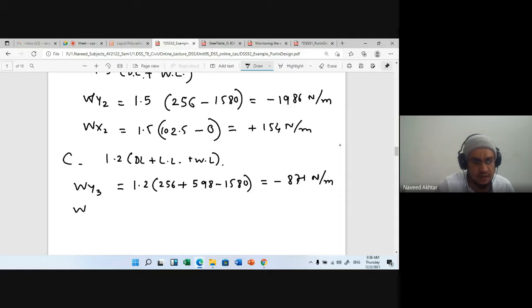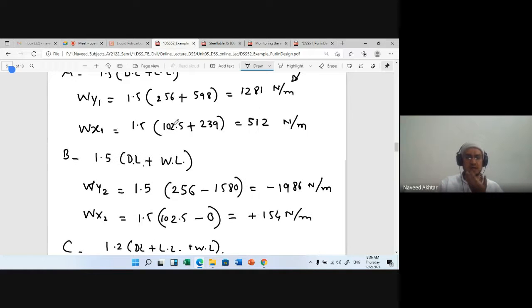Similarly, the x component of combination C, 1.2 times of this is 102.5 plus 239 minus 0. There is no horizontal component for the wind. It is coming 410 Newton per meter.